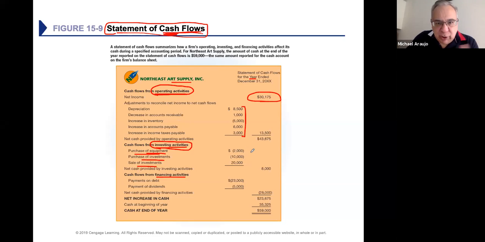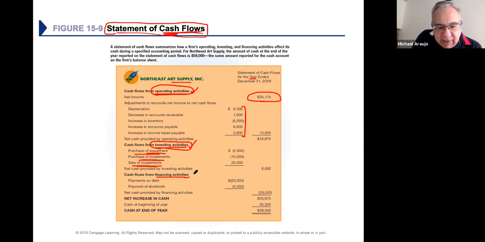So cash is going to be used up. When a company buys investments, cash is going to be used up to buy those investments. But when they actually sell investments, cash is coming in. When you sell something, you're getting the cash. And so that's basically what these numbers mean. You don't have to really know many details about it, but you should know what an operating activity is, and you should know what an investing activity is.